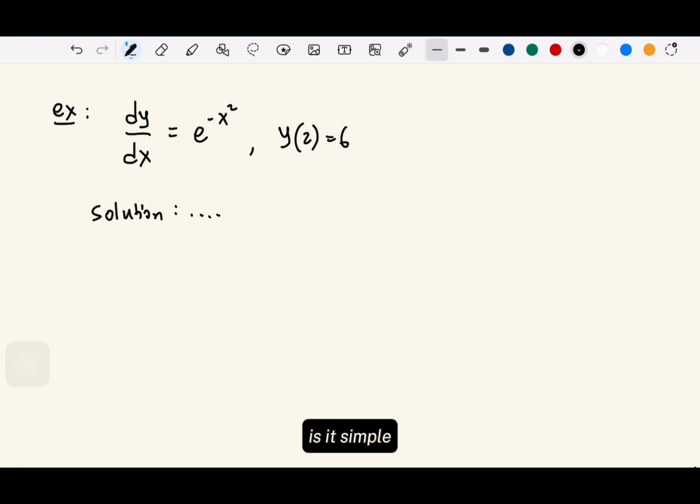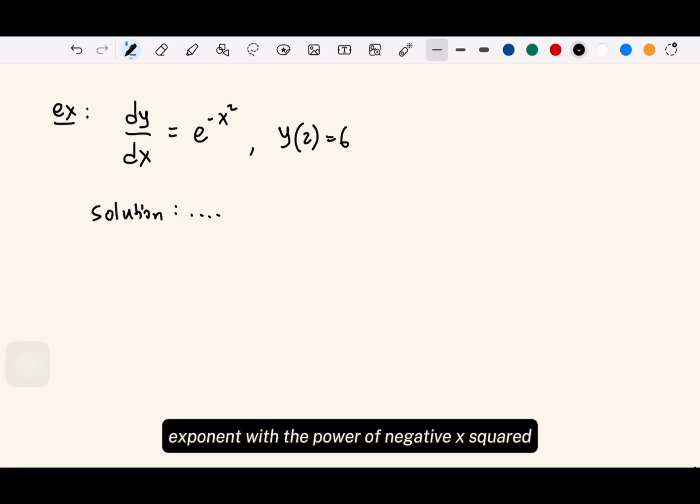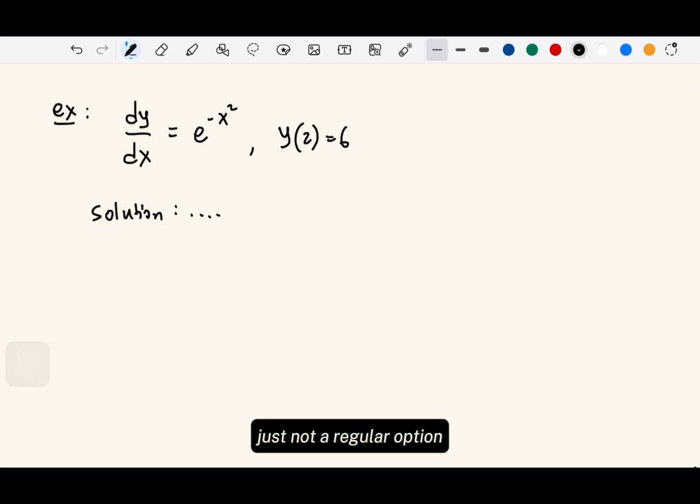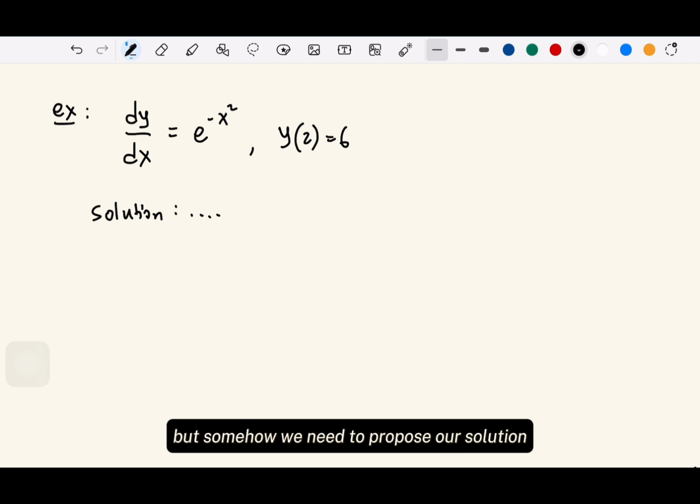It seems simple, but when you realize that the exponent with the power of negative x squared is not a regular function, somehow we need to propose our solution.